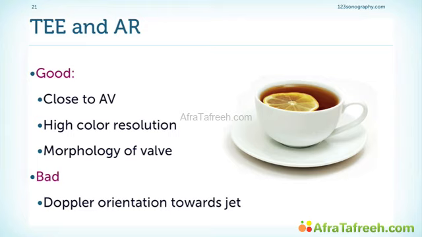The color resolution is also better, and the main advantage, I believe, is that we can look at the aortic valve and its morphology and thereby get an understanding, as we saw previously, of the mechanism and of the etiology of regurgitation. However, as a limitation, we're sometimes not oriented optimally with respect to the jet. So there are advantages and disadvantages, and I would say that in most patients you do not need transesophageal echocardiography to quantify aortic regurgitation.